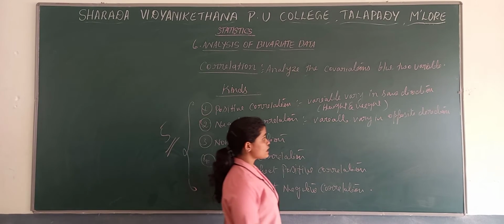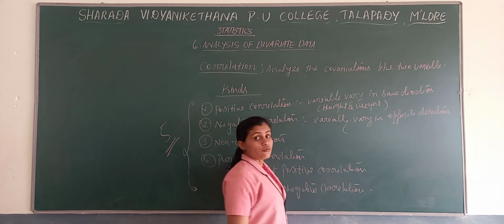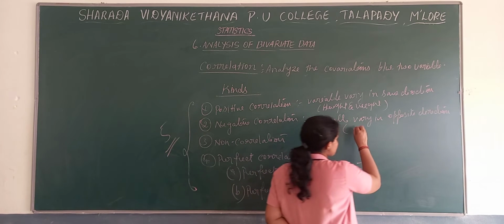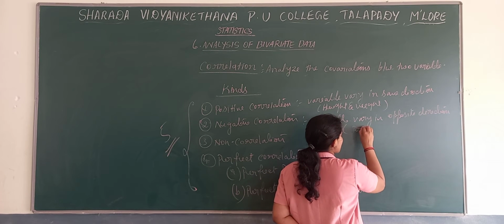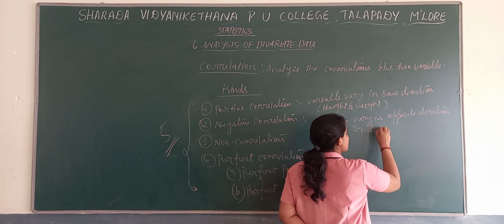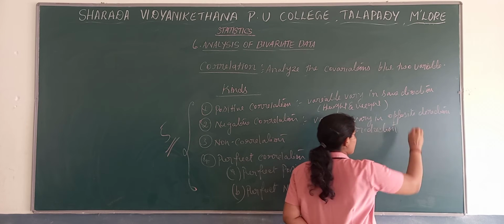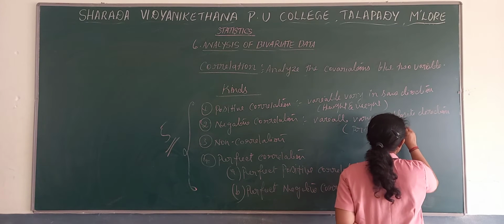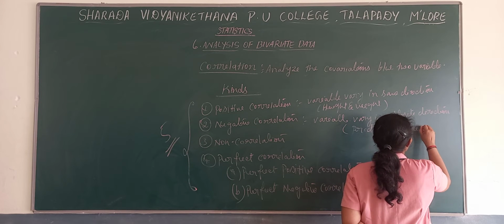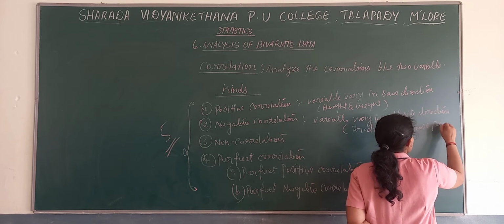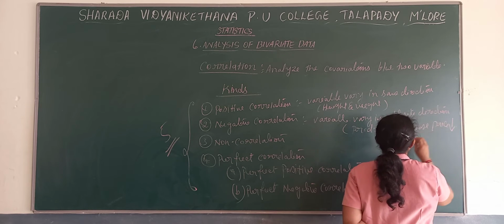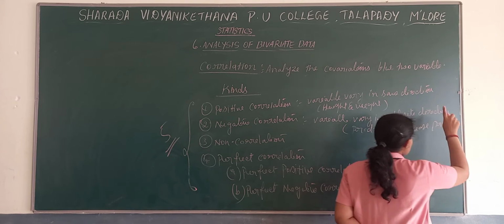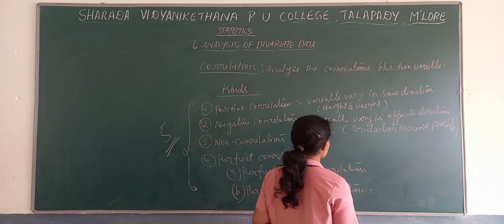Here we can take the example of production, for example, production of vegetables or any other crops. When production increases, what happens to price? Price decreases. When production increases, price will come down.